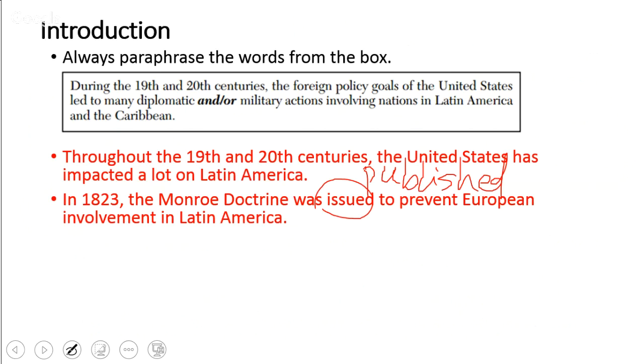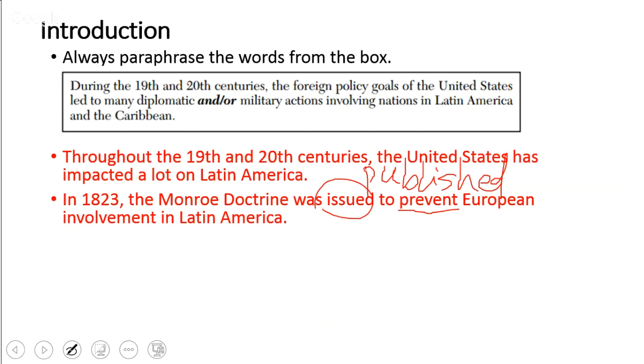Again, what does prevent mean? It means to stop, right? Prevent means to stop. To stop what? To stop the European involvement. It's kind of like trying to stop the Europeans from stepping in.